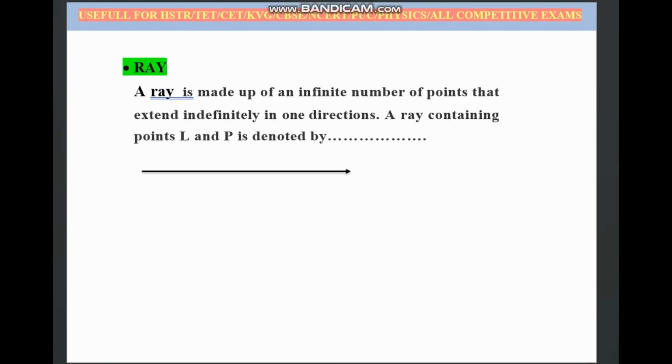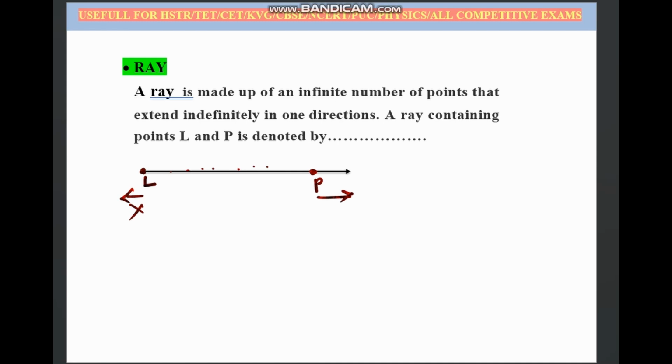Then ray. A ray is made up of an indefinite number of points that extends indefinitely in only one direction. A ray containing points L and P is denoted by LP. See here, if I take this point as L and this point as P, in between we have many points, but I need only 2 points to express this ray, L and P. L is not increasing in the backward direction, but P goes on increasing in the forward direction.